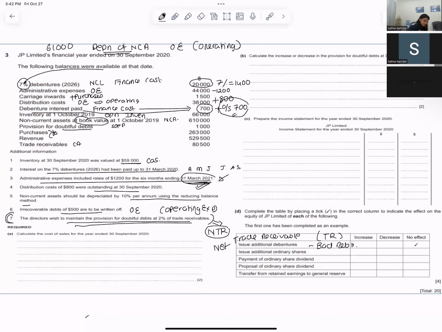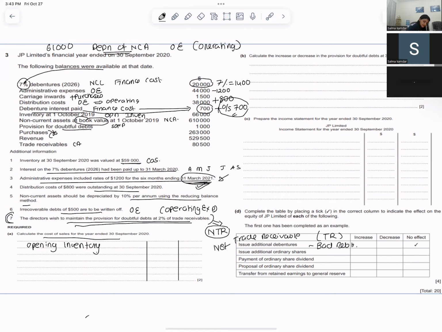Now I need to solve cost of sales. How do you get cost of sales? We start with opening inventory.